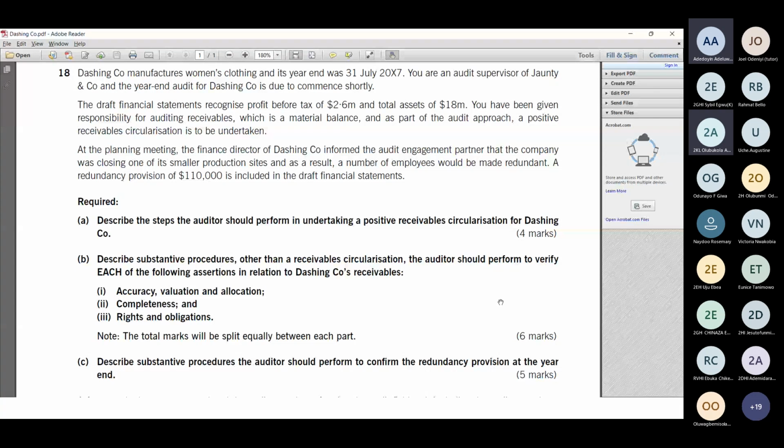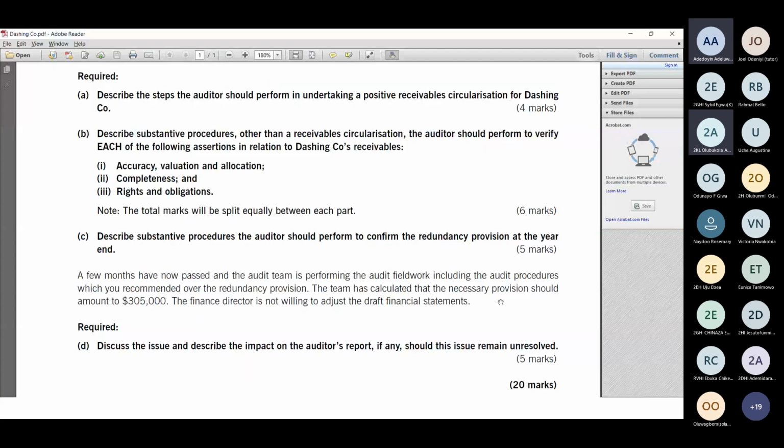Then I can also issue a qualified opinion because it is material but not pervasive. Then the opinion paragraph would be acceptable.